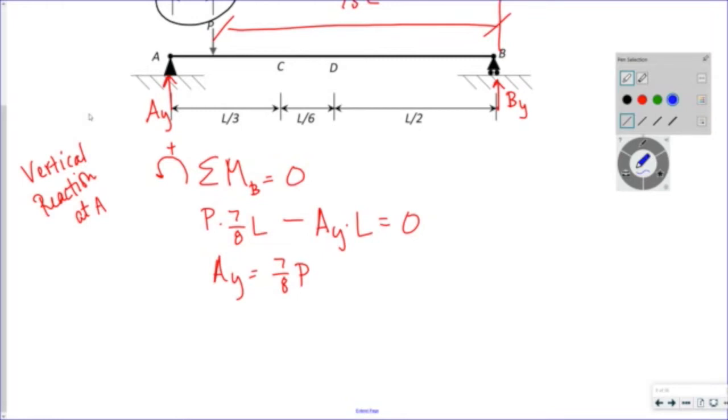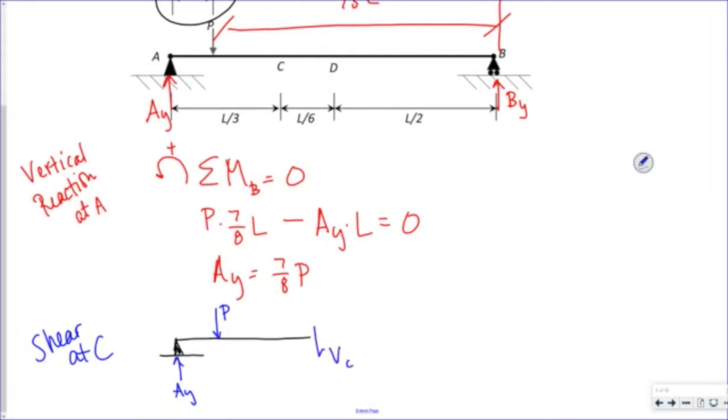Now I'm going to look for the shear at C. Gonna draw my little free body diagram here over to C. I've got my vertical reaction at A, my P, and then my shear at C. This is L over 8.